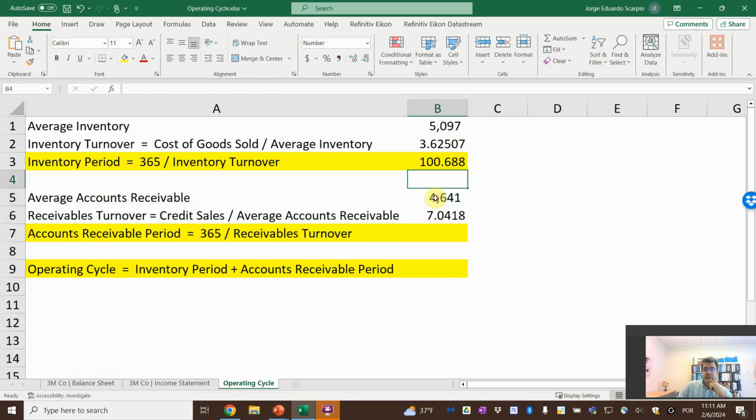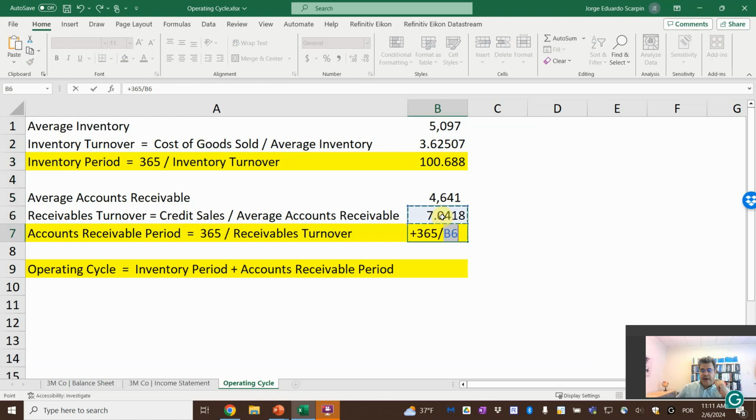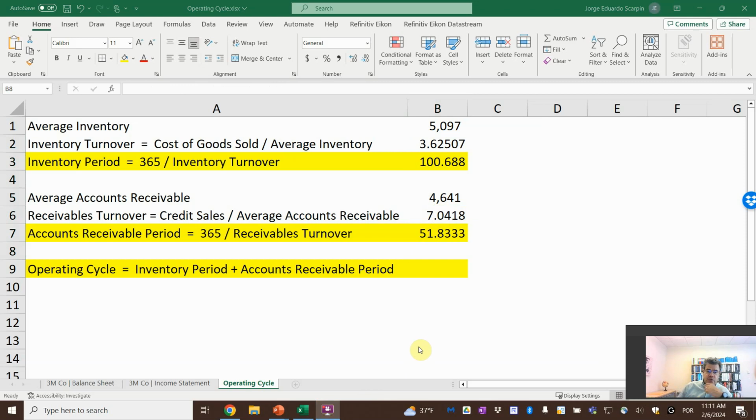So 7 times. So it is the same as for the inventory. So we collect money 7 times a year. If we want to move it to days, 365 divided by times. So 51 days. So almost 2 months here.